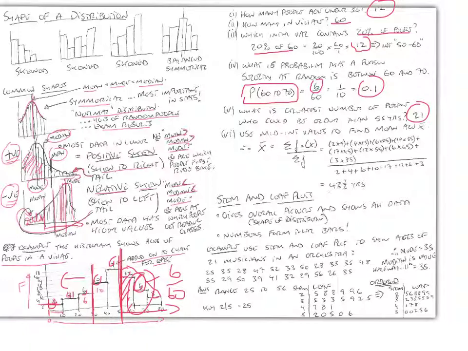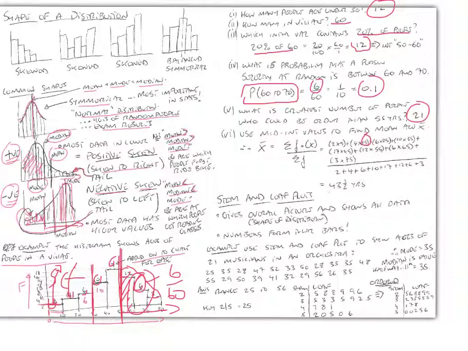And then we're asked to use mid-interval values to find the mean age, x bar. So we have to find the mid-interval value: this one is 0 plus 10 divided by 2 is 5. The mid-interval value of this is 10 plus 20 is 30 divided by 2 is 15.